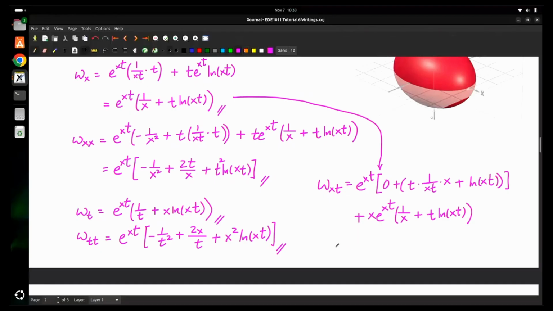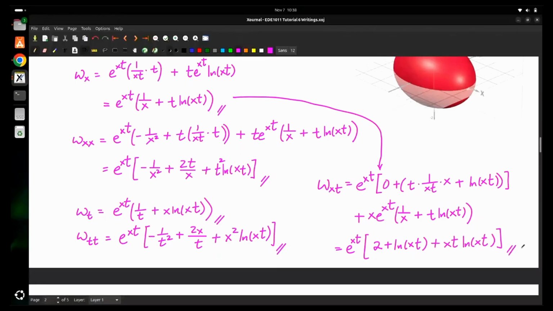So therefore, the net result, if you want to simplify, will look like e to the xt, big bracket. So this is giving me 1. Am I right? This is 1, right? So this looks like 1. Then there's another 1 here. So it's actually 2. Then you have your plus ln xt. Then you have plus xt ln xt.